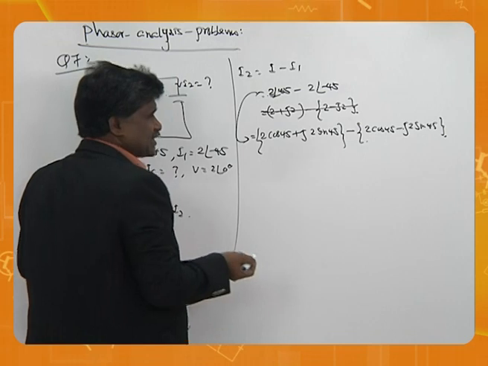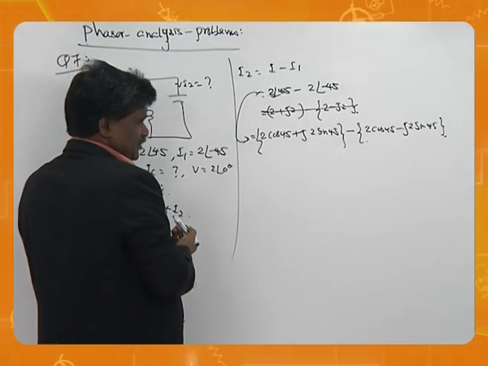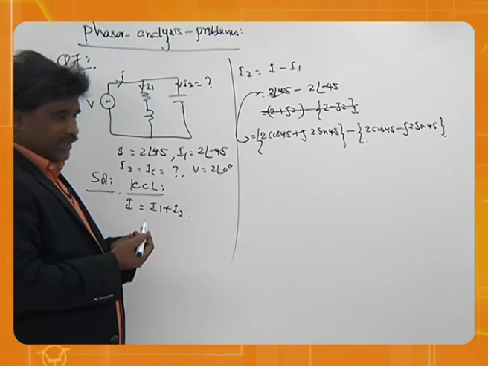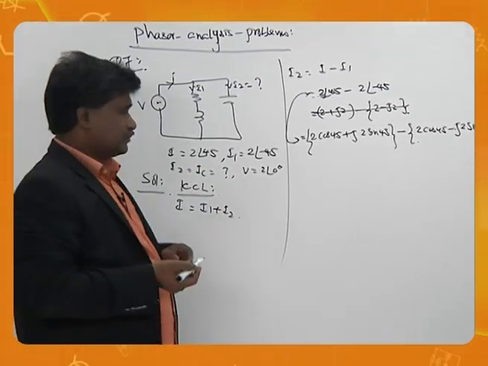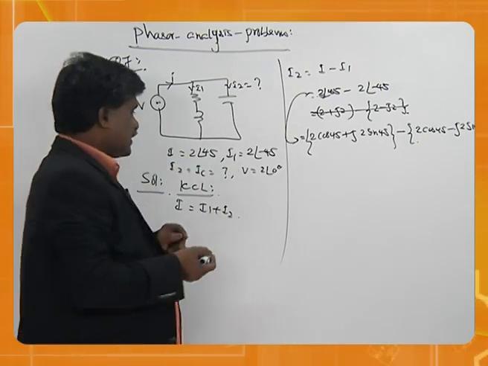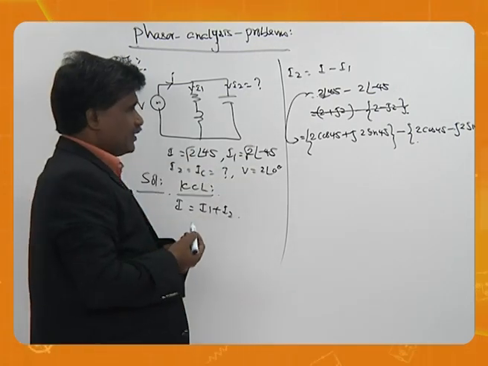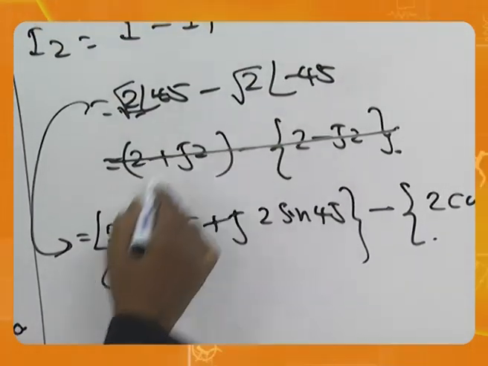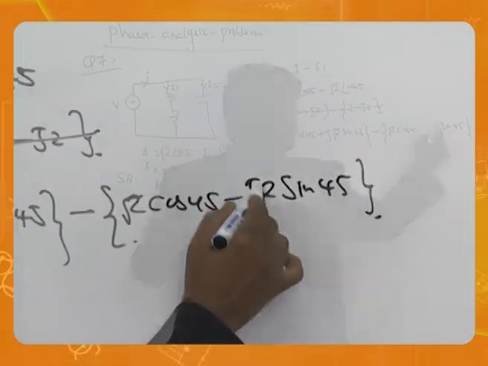Now what is it that you are expecting? Can you guess it? Let us see these values, original values in the problem. He is asking root 2 here, root 2 here. So this is going to be root 2 cos 45, and so on.